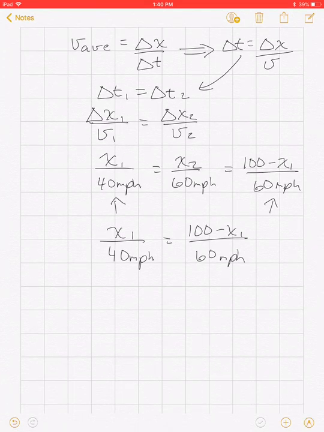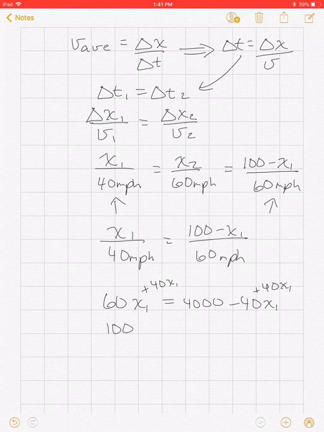So if I multiply x1 by 60, my left-hand side will be 60 times x1, and that'll be equal to the right-hand side. So we're going to have 40 times 100, that's going to be 4,000, minus 40x1. Okay, I'm going to add 40x1 to both sides.